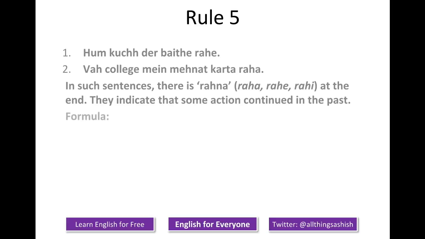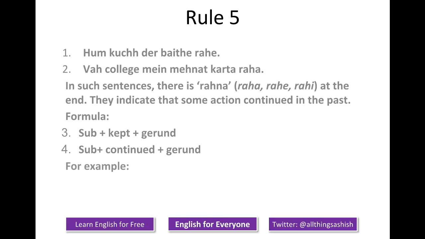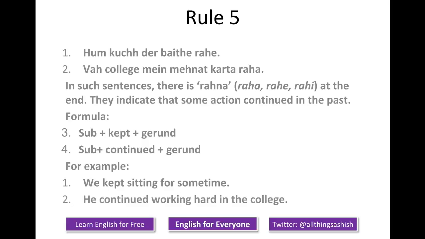Formula for translating such sentences would be subject plus kept plus gerund, subject plus continued plus gerund. For example, we kept sitting for some time, continued working hard in the college.